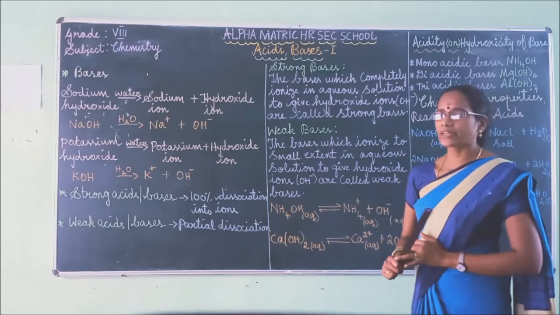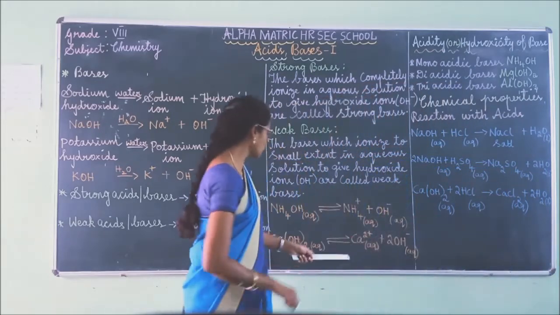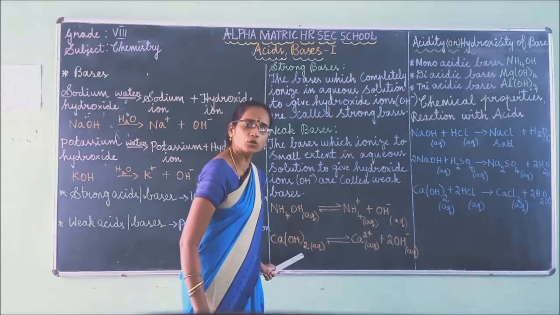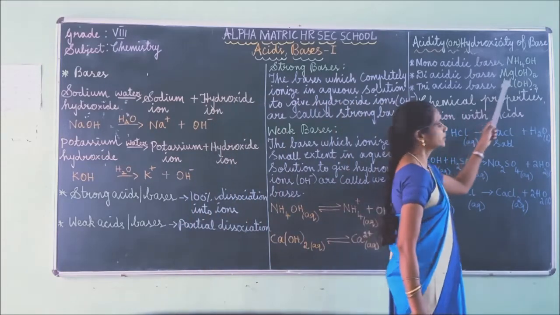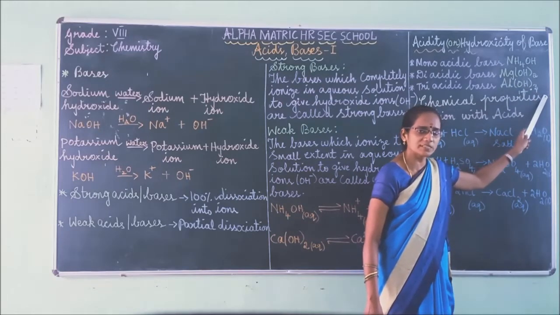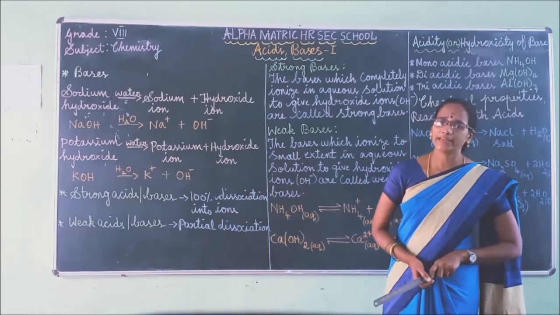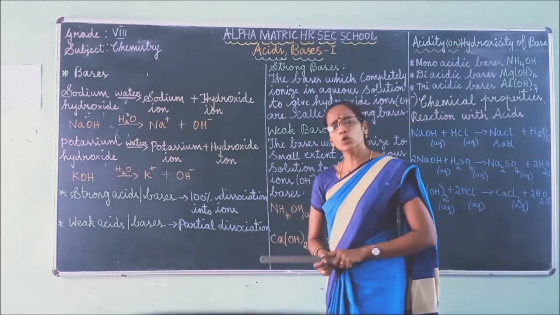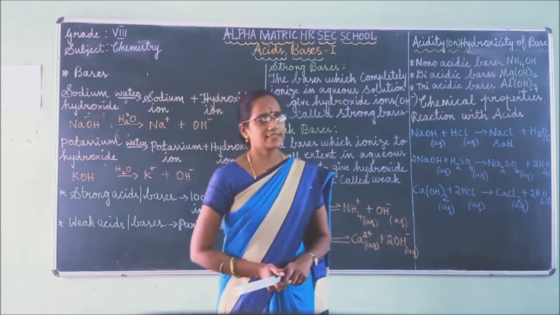The formula for calcium hydroxide is Ca(OH)2, two hydroxyl groups here. Whereas if you take magnesium hydroxide, the formula is Mg(OH)2. How many hydroxyl groups are here? Two hydroxyl groups, right? So the base which contains two hydroxyl ions is called a diacidic base.